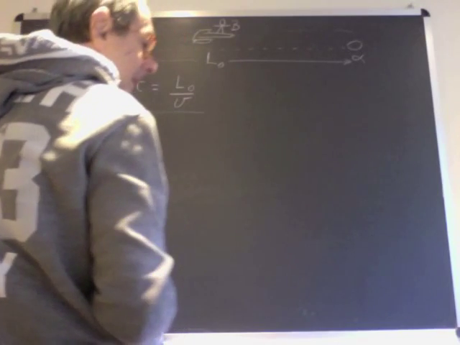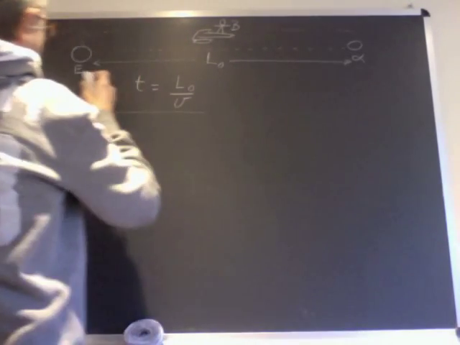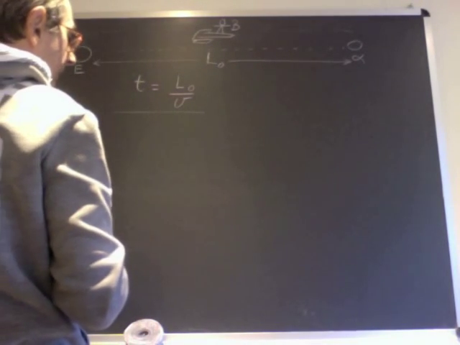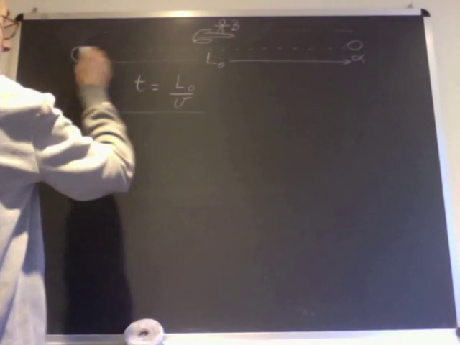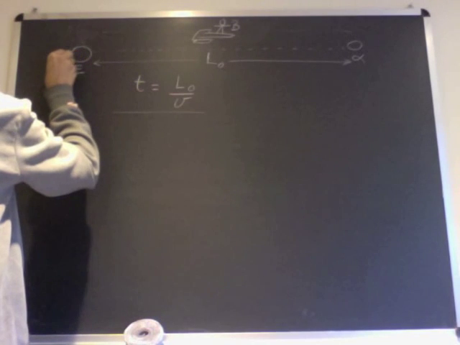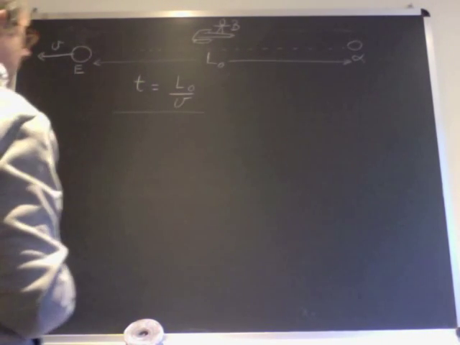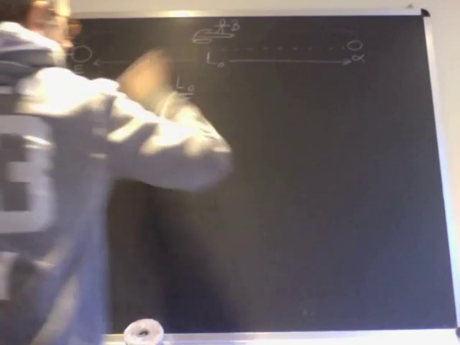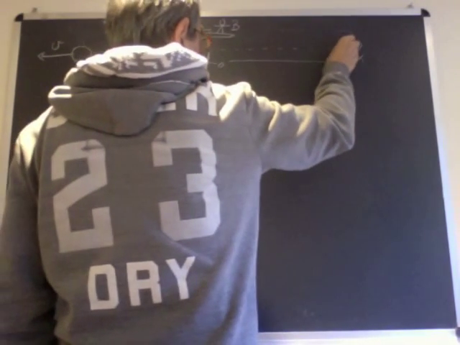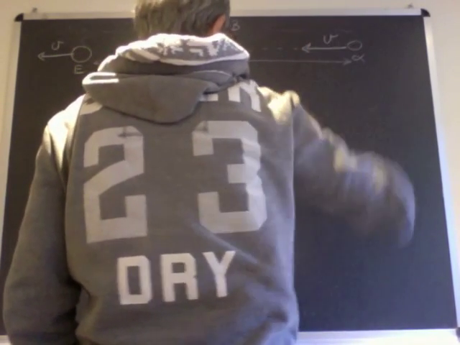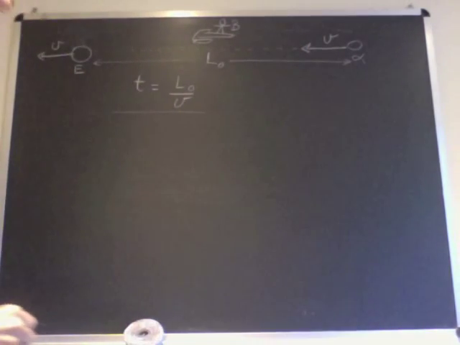What he sees is that both the Earth and Alpha Centauri are moving. In particular, the Earth is going with velocity v away from him, and Alpha Centauri is coming towards him with the same velocity v.